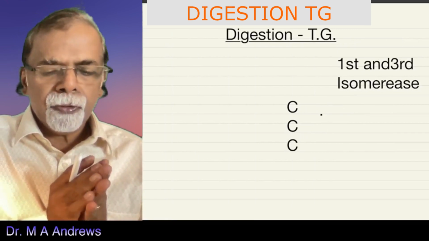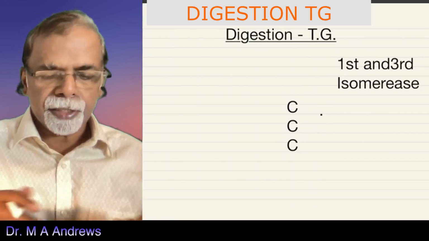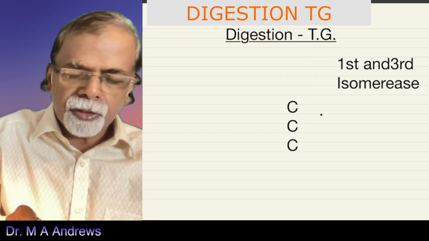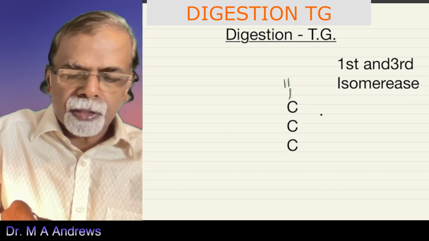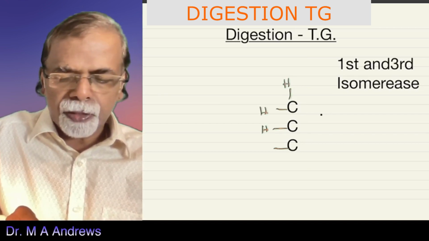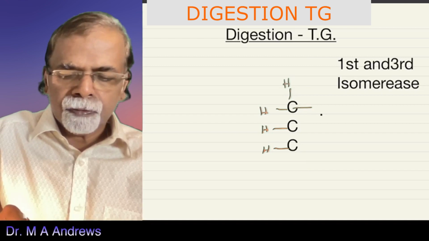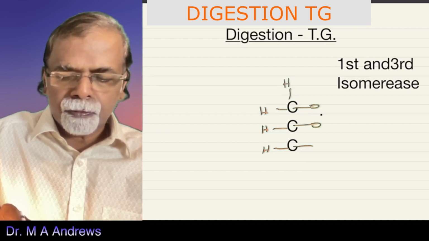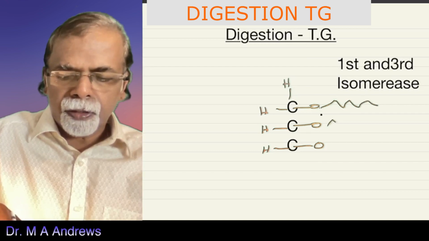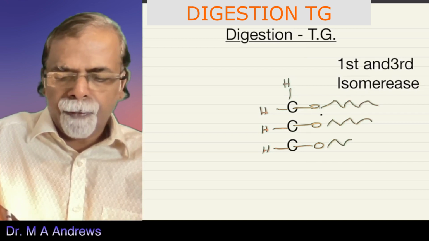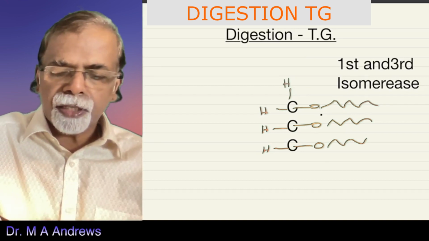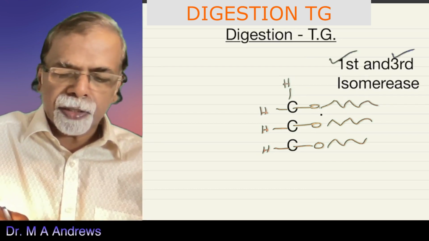Now we go into the digestion of triglycerides. So the basic structure of triglyceride we all know. So this is the structure of the triglyceride. Three carbon atoms are there, and to which the fatty acids are attached. So the hydrolysis occurs initially at the first and third carbon atoms.